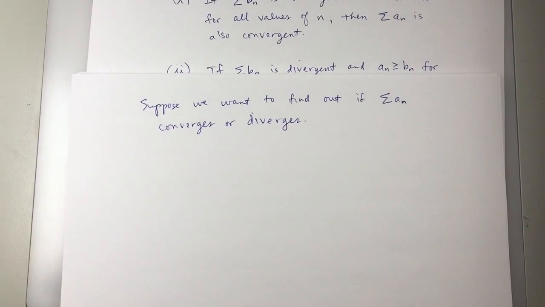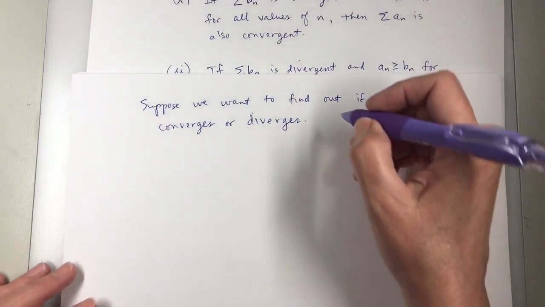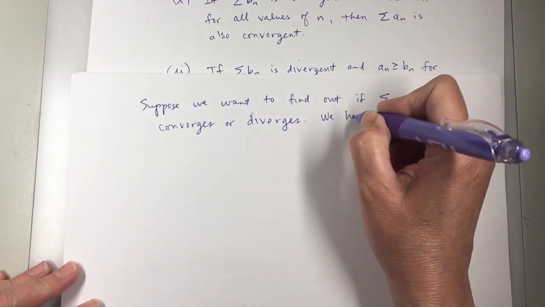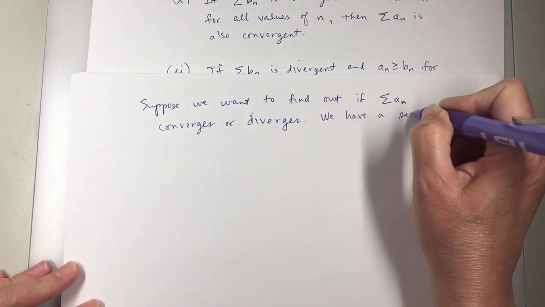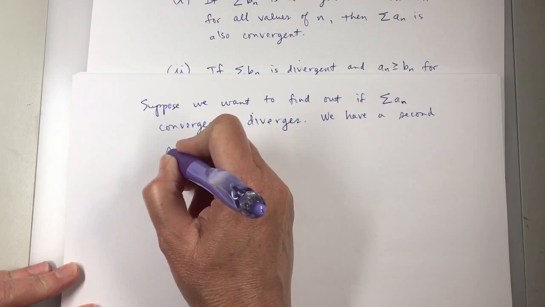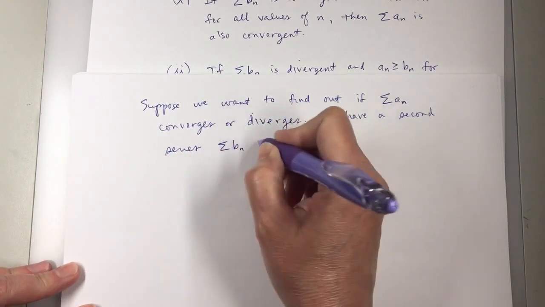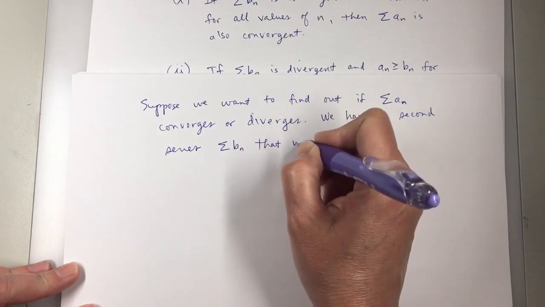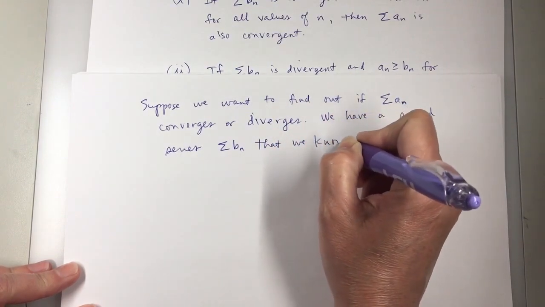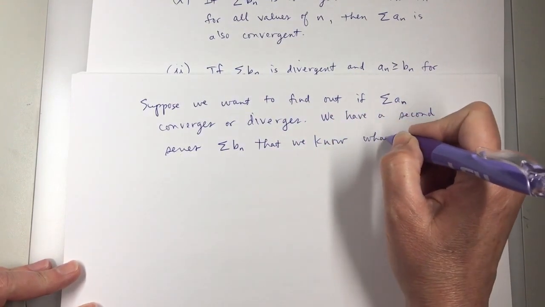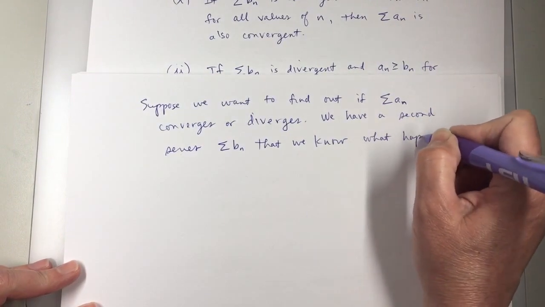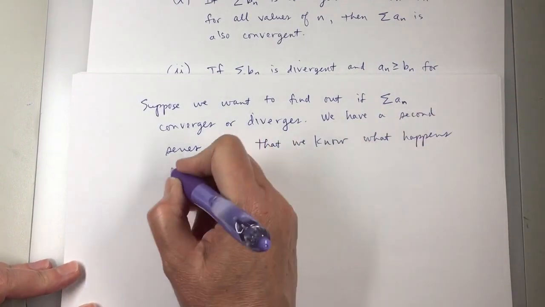And then we have another series that we know what happens. So we have a second series, series B sub n, that we know what happens with B sub n.